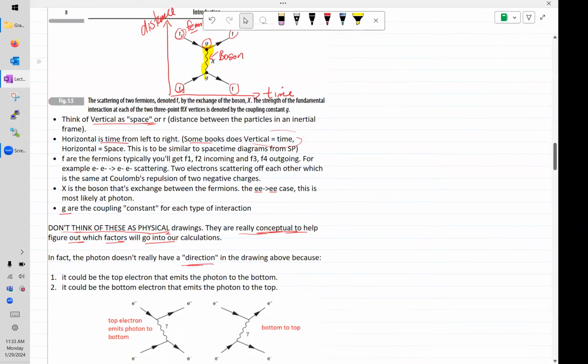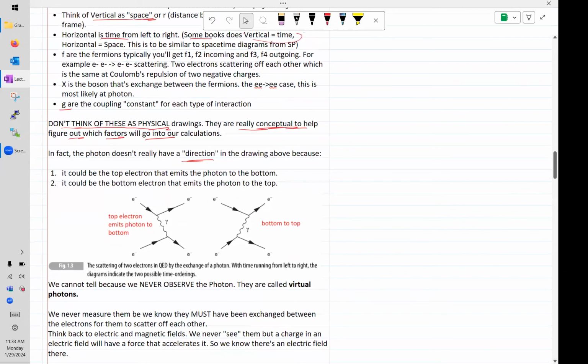In fact, what really happens is, let's say you have two electrons scattering off each other like this, down in the second diagram. The photon is emitted from maybe electron number 1. I'm going to label them 1 and 2 so I can talk about them. It's emitted from electron number 1 and captured by electron number 2, and therefore the two are exchanging the bowling ball they're throwing between them.